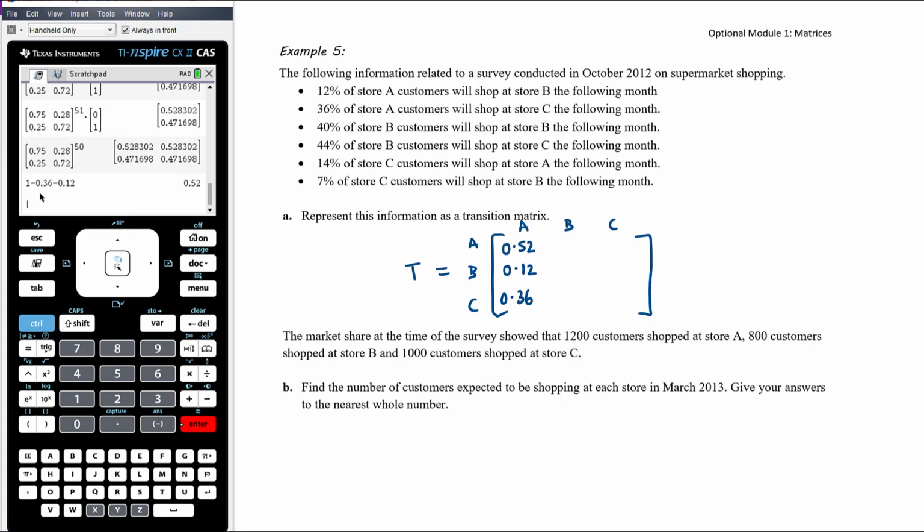40% of store B customers will shop at store B in the following month. So from B to B, 40%. 44% of store B customers will shop at store C in the following month.